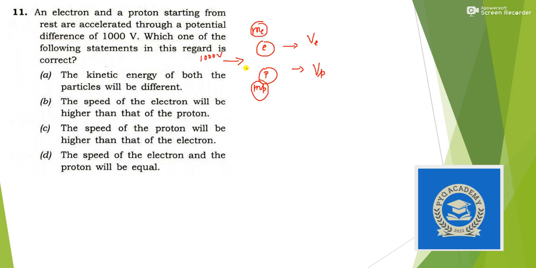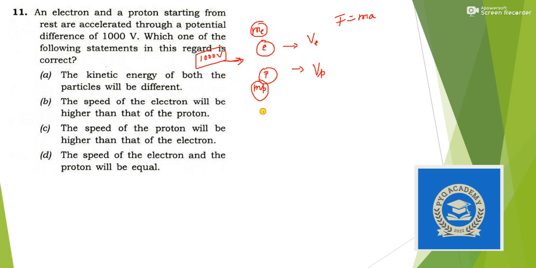Now, since this is energy and this energy is working as a force, and we know that force is equal to mass into acceleration, simply you can guess that if the same force is applied on both the masses, then the particle having lesser mass will move with a larger velocity.